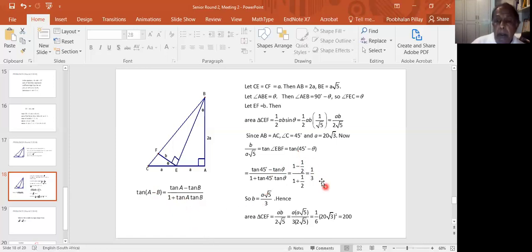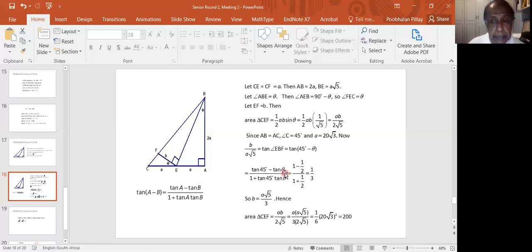All right, now we're going to continue calculating tan of 45 minus theta. You can see I'm going to the next line. So this is tan 45 minus tan theta, all over 1 plus tan 45 times tan theta. Now tan 45 is 1. It's a very beautiful, very simple value for tan 45.